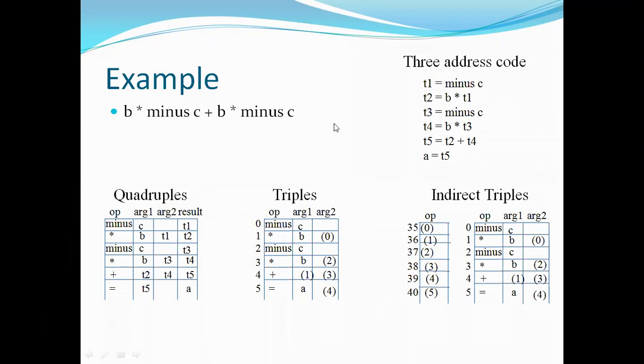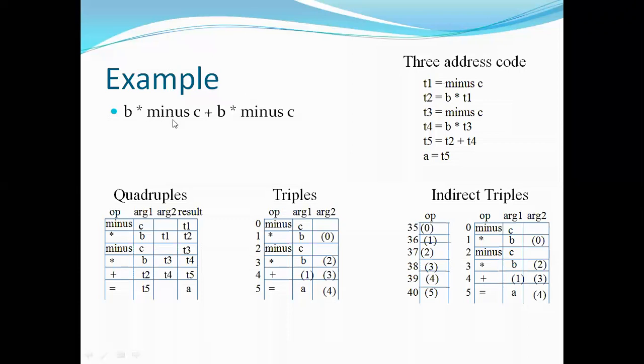Here from the expression, first I need to store this minus C into one temporary variable, and then I need to multiply this temporary with the B, and it is stored in another temporary variable. I will divide the expression into 2 halves based on the operator, and this plus is acting as a mediator between the left part and the right part.